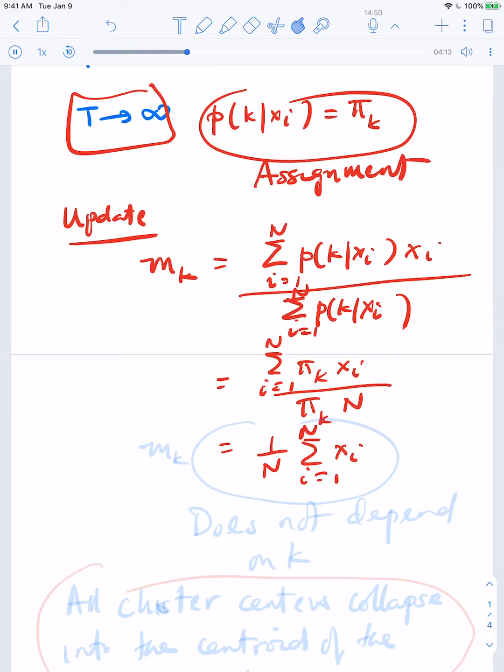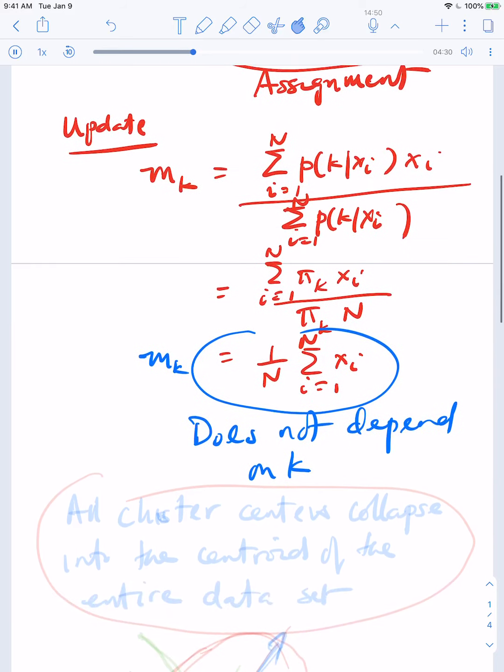So notice that mk being equal to 1 over N times the sum of xi does not depend on k. What does that mean?